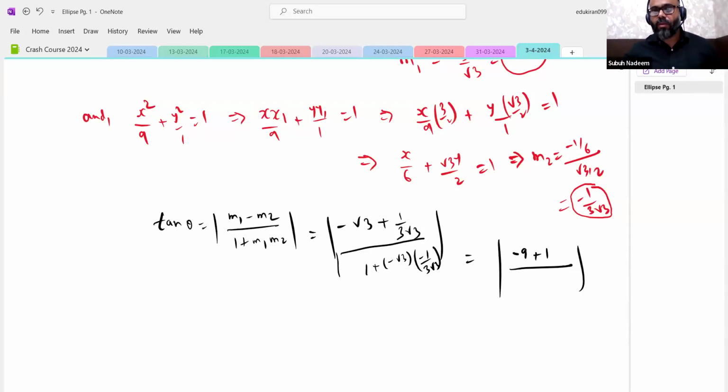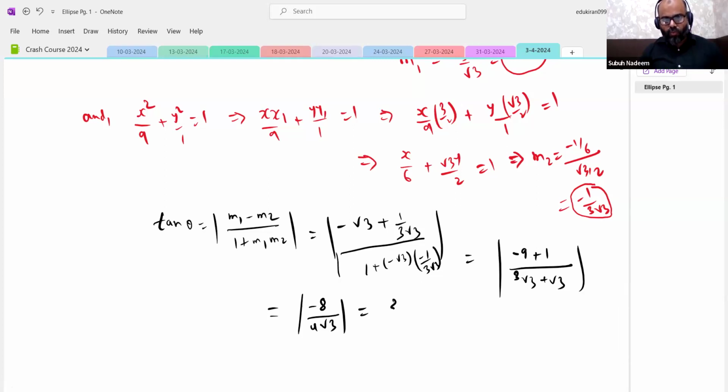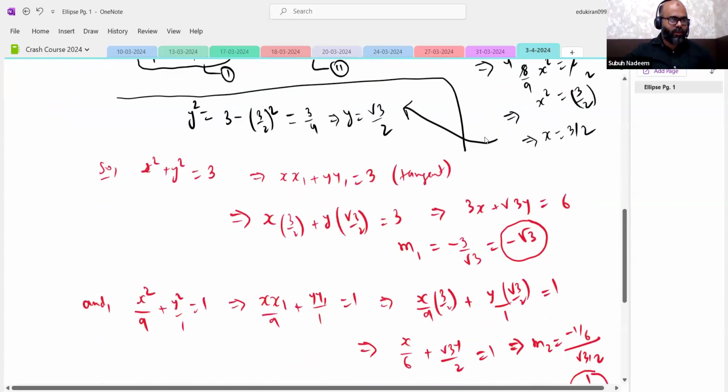So this will be minus 9 plus 1 upon 3 root 3 plus root 3 after calculating. So this will be minus 8 upon 4 root 3, which will become 2 by root 3 when you take the mod. So the answer would be option B. B is the correct answer.